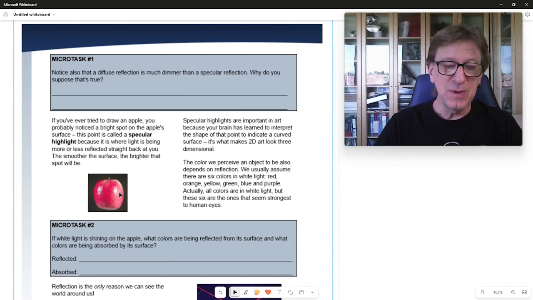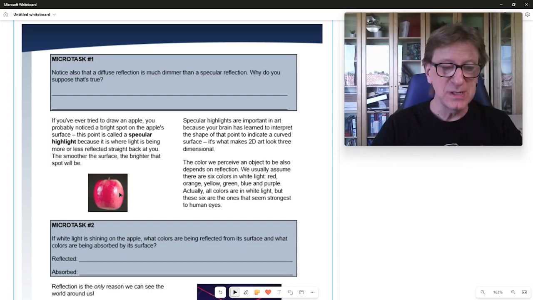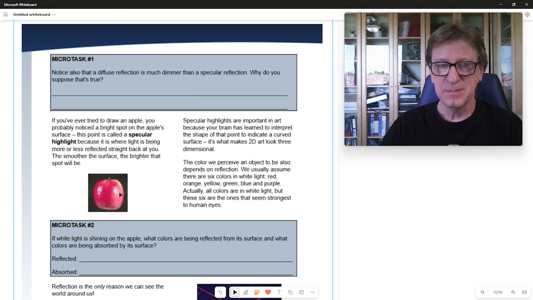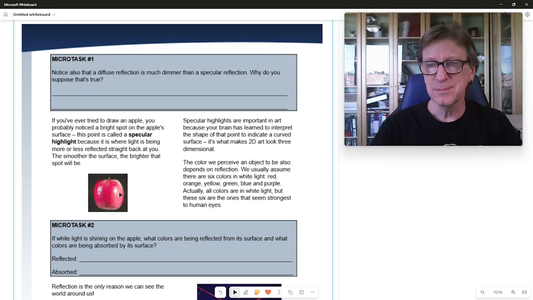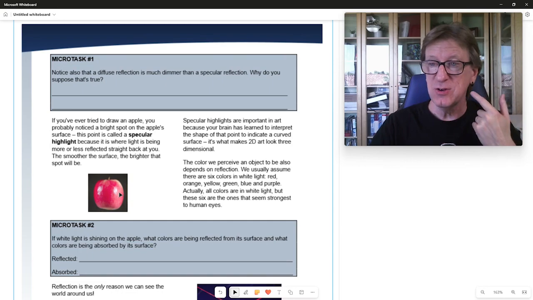Now, take a look at microtask 2. So white light is shining on the apple. What colors are being reflected from its surface and what are being absorbed by the surface? Pause the video and think about this, because this is going to be an important concept. Well, remember what we said, that the only time you can see something is if that light is reflected back into your eye.